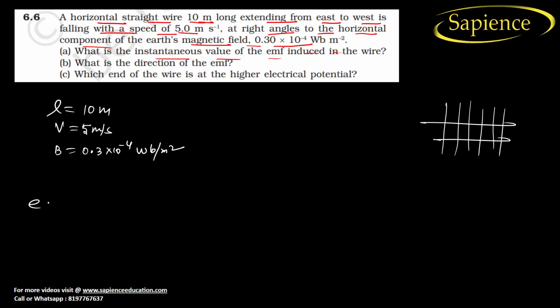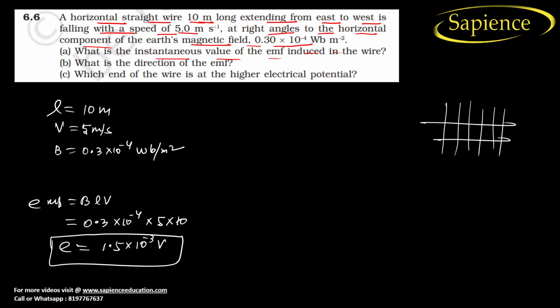Now EMF induced will be how much? EMF is equal to BLV, we know this one. So 0.3 into 10 to the power minus 4 into 5 into 10, so this will be 1.5 into 10 to the power minus 3 volt.